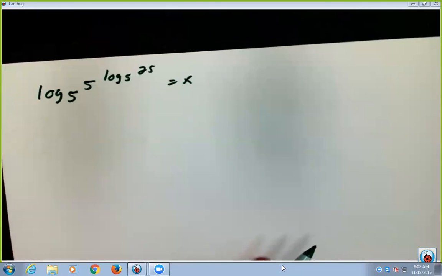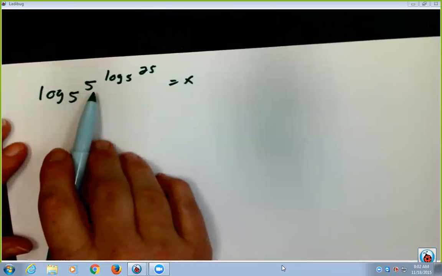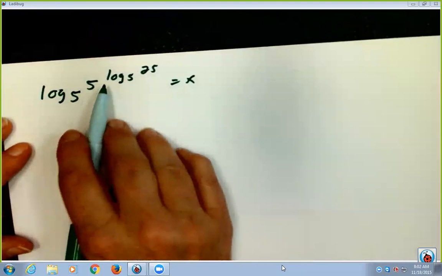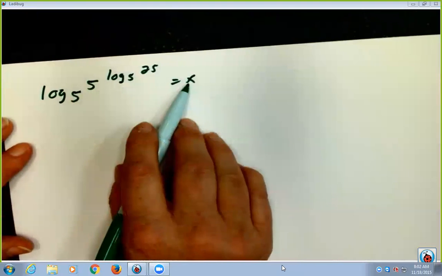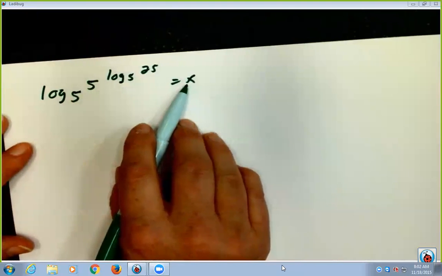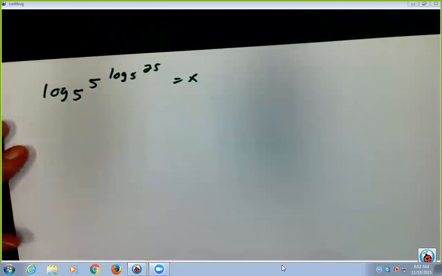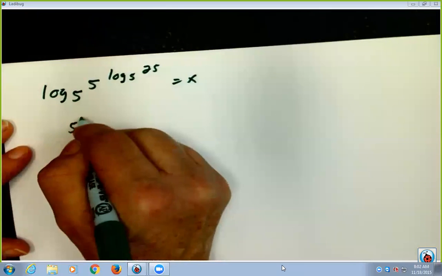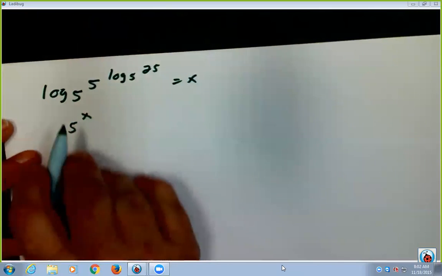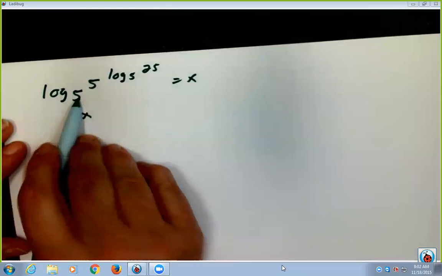Okay. What we've got to do is, it's kind of like a double connection piece in here. And so first off, we need to get it set equal to its exponential value. And so we get 5 to the x from this log.